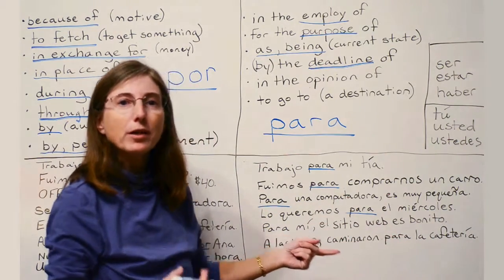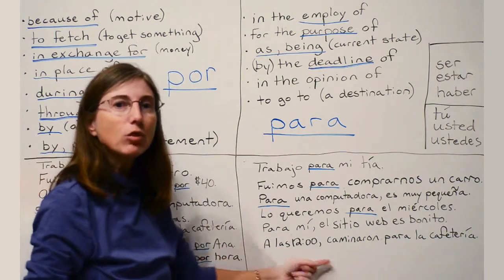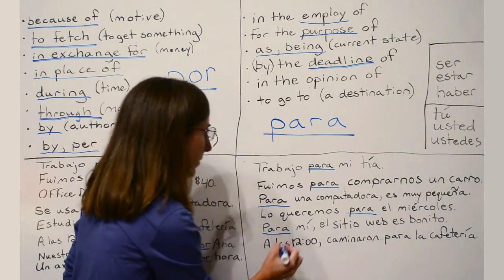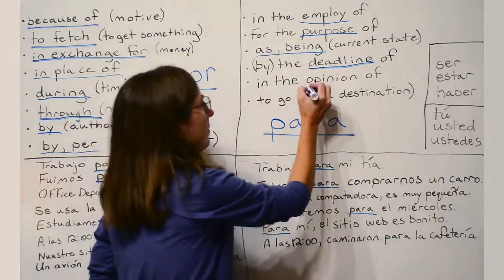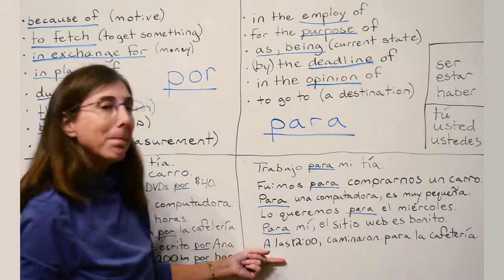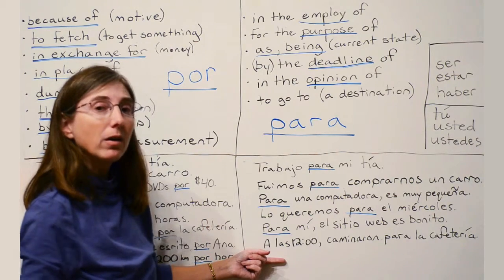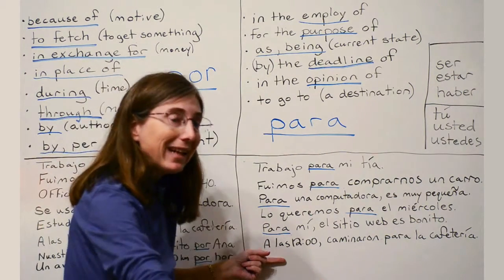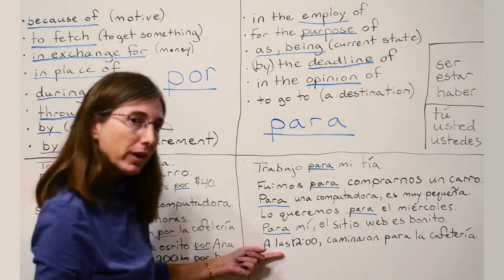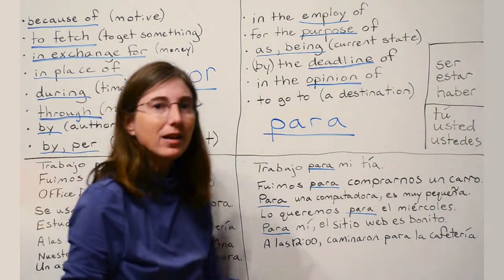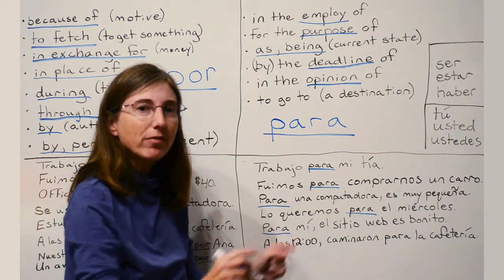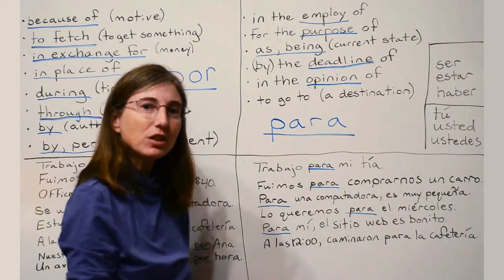For me, the website is pretty. Para can also be used to talk about going to a destination. A las 12 caminaron para la cafetería. At 12 o'clock, they walked to the cafeteria. That's their destination, the cafeteria.